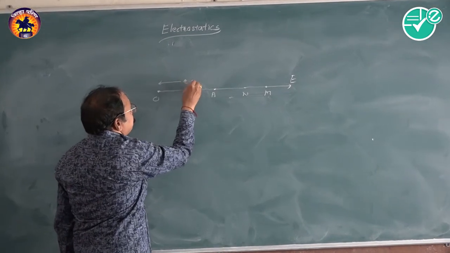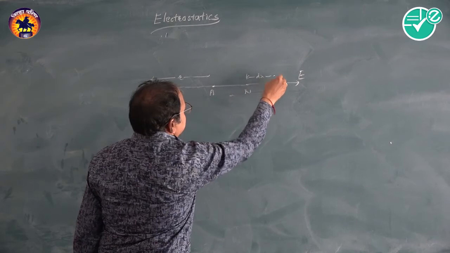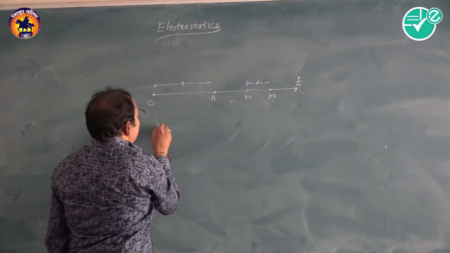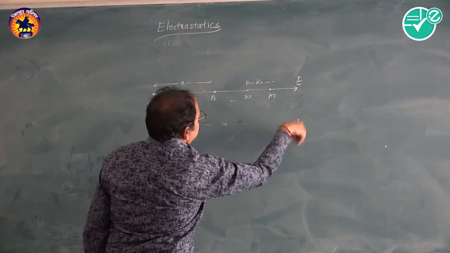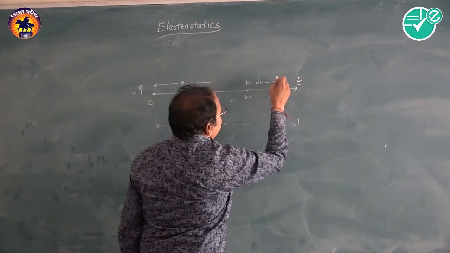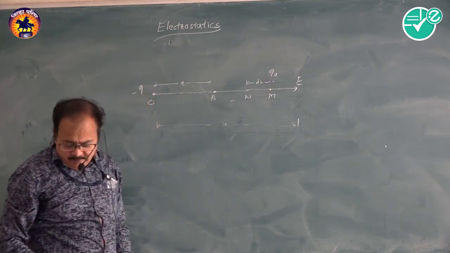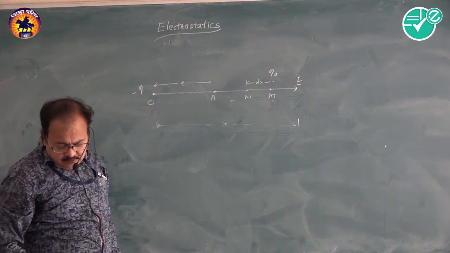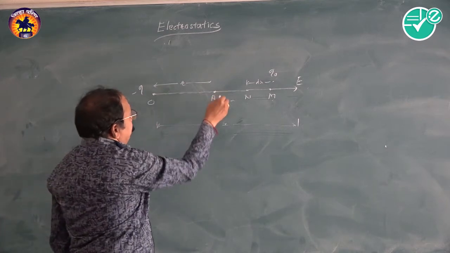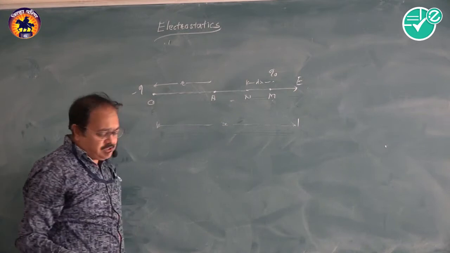This distance is taken as R, this distance is taken as dx, and this is the total x. Here minus q, here plus q, or q naught is placed at point M. This point is A. The distance from O to M is taken as x.